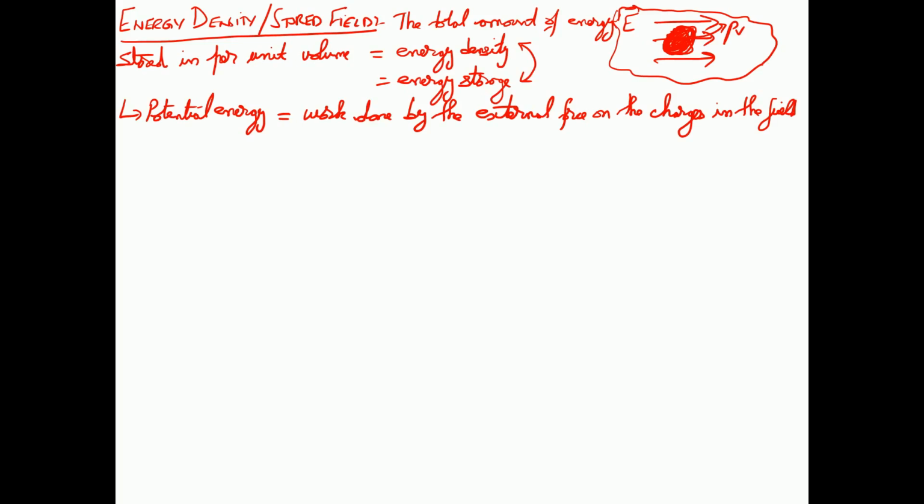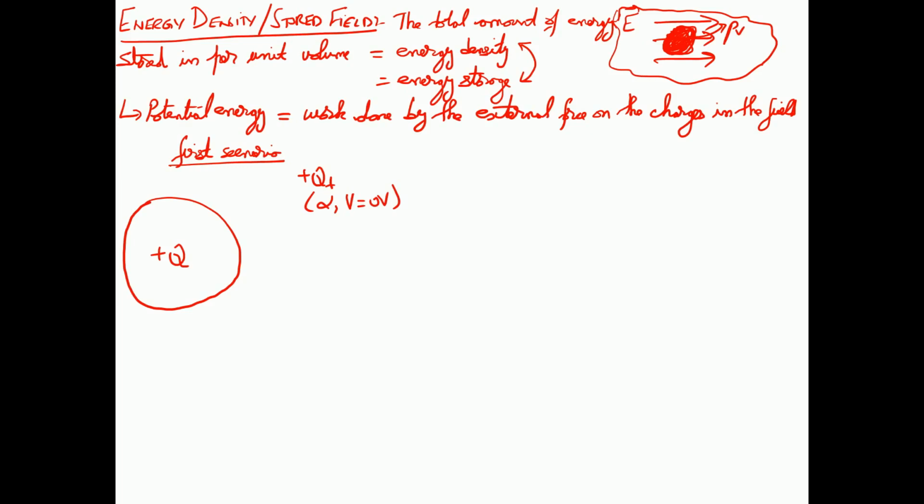We discuss two scenarios for this. In the first scenario, we have a charge Q1 that has created its own field. Now we take another charge, a test charge Q of t, which is lying at infinity, where we know that the potential is 0 volt, and we bring it inside the field of the first charge.